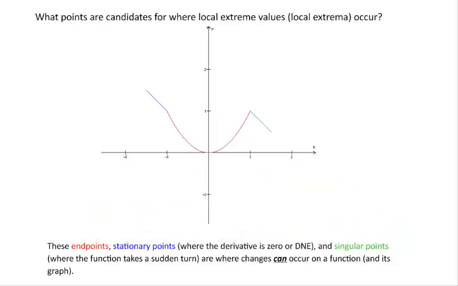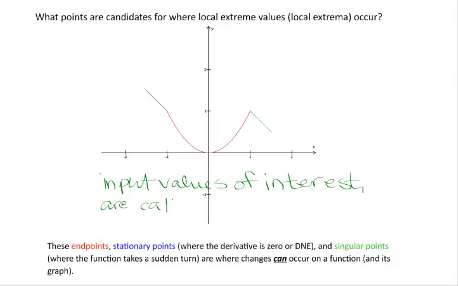These points, these input values of interest that we are using the first derivative to find are called critical points. Critical points. Vocabulary you need to know. You have to know what a critical point is.